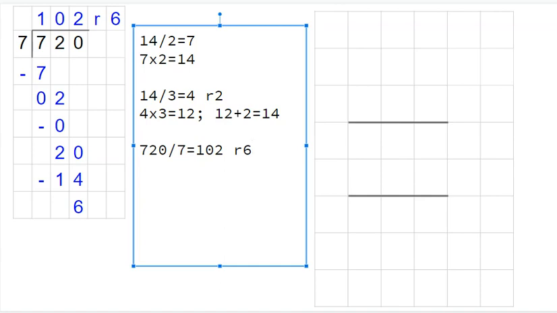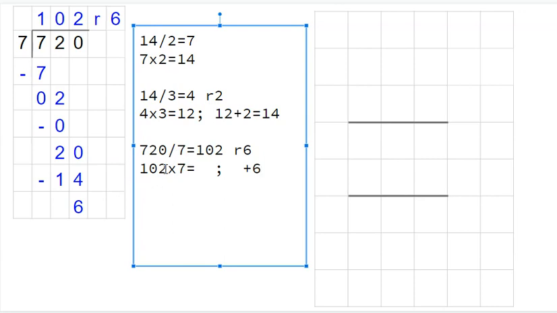So if we check our work, I should be able to take this 102 times 7, the number I divided by, which will equal something. Then I take that something and add my remainder 6.